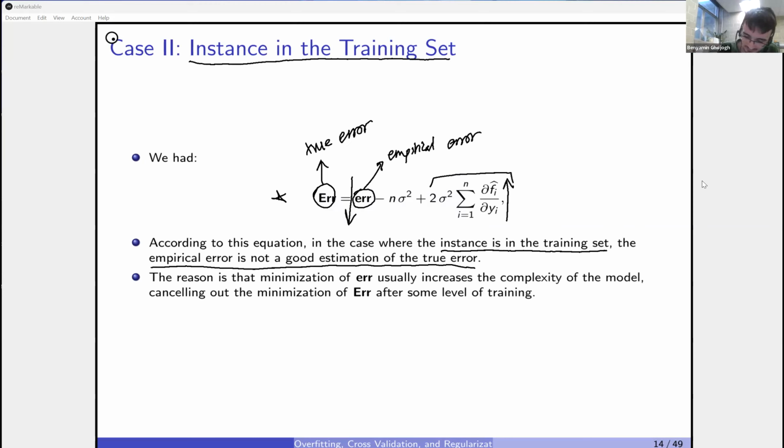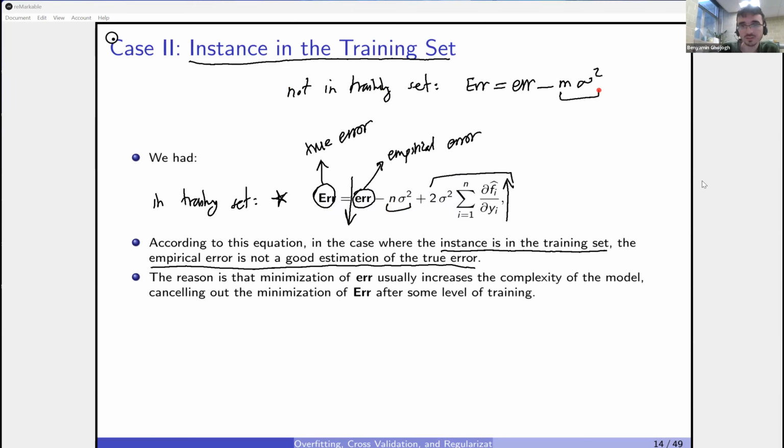When the instance was not in the training set, true error was empirical error minus m sigma squared. When it was in the training set, true error is empirical error minus n sigma squared. This is similar. However, we have a pain in the neck term, which depends on the complexity. So it's showing the complexity of the model, right?